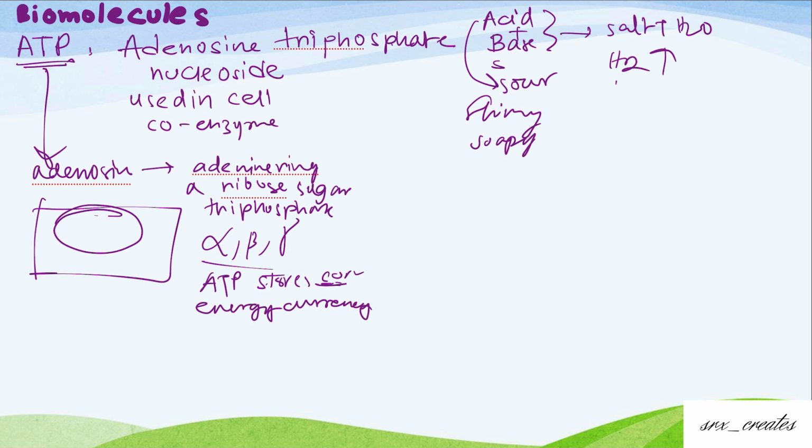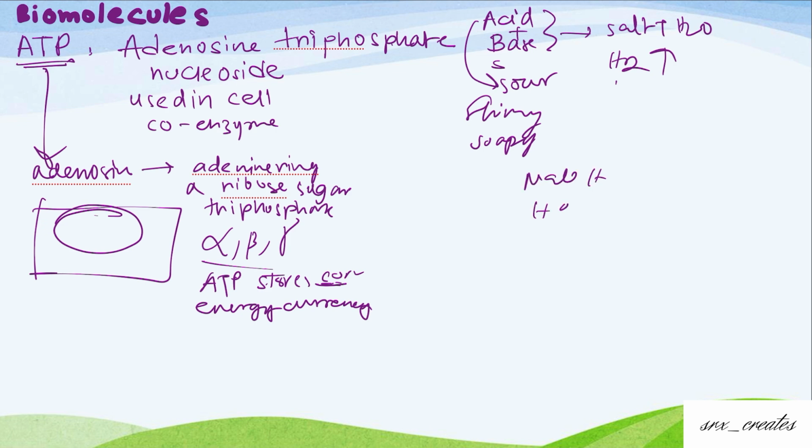Now salt. What is salt? Salt is an ionic compound. You don't know what an ionic compound is, I'm not going to explain; class 10 is there for that. An ionic compound whose anion comes from an acid and whose cation comes from a base.